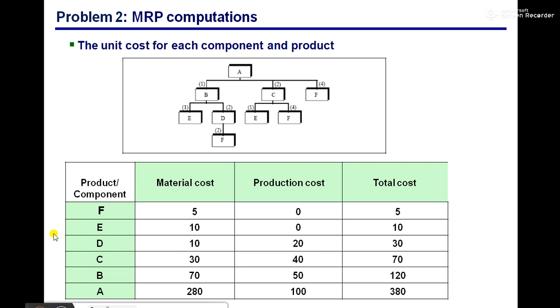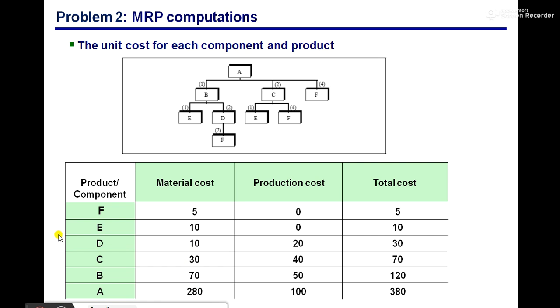The same logic applies for products C and B and A, of course. This 280 corresponds to the cost of producing 1 unit of B plus 1 unit of C, and the purchasing cost for 4 units of F.